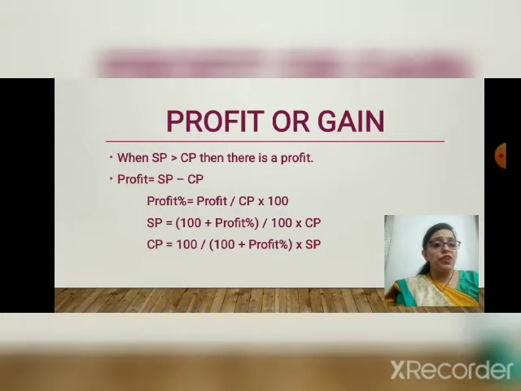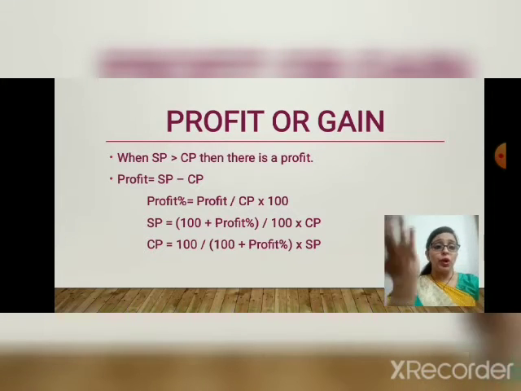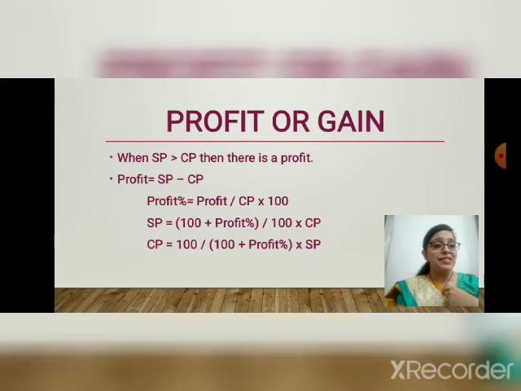So what is the difference? That is 2 rupees. The cost price for me is 10 and the selling price is 12. So which one is greater? Selling price is greater. So profit is equal to selling price minus cost price, that is 12 minus 10, which is equal to rupees 2.